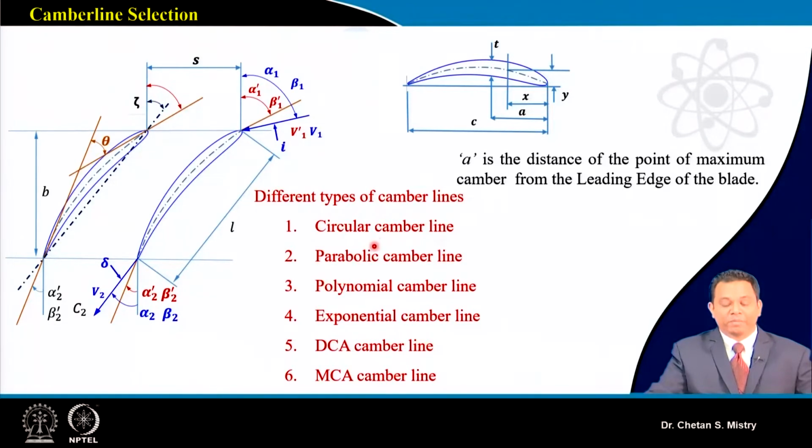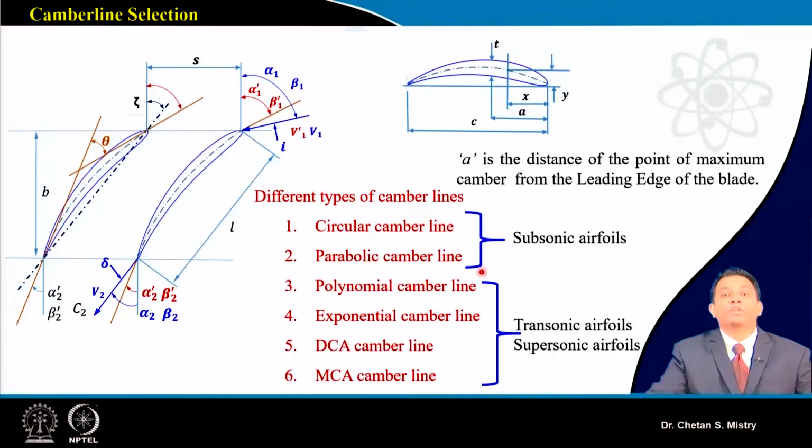Some of them are circular camber line, parabolic camber line, polynomial camber line, exponential camber line, DCA, double circular arc camber line, multiple circular arc camber line. If you look here, these two are mainly used for subsonic aerofoils, and the others are used for transonic or supersonic aerofoils.